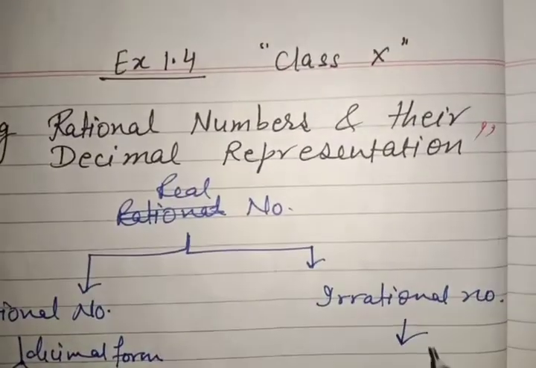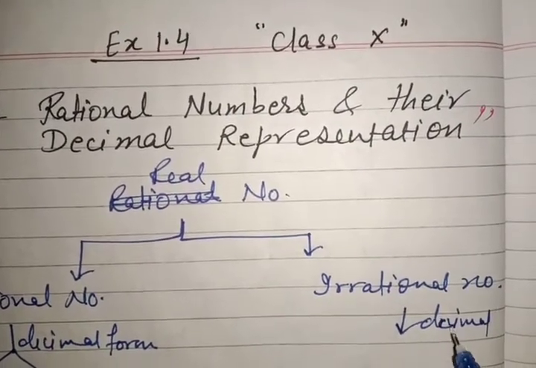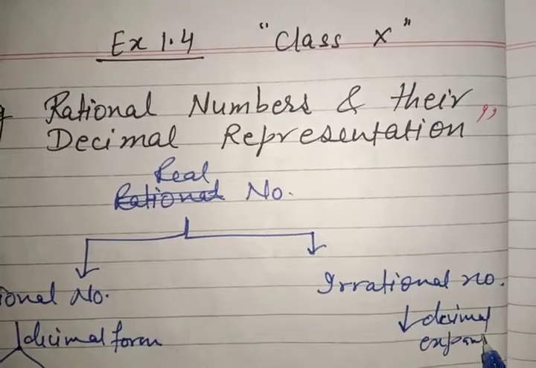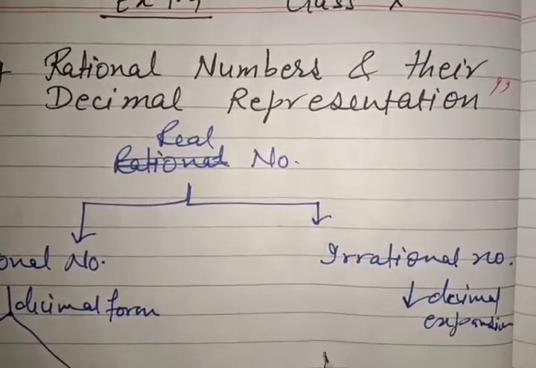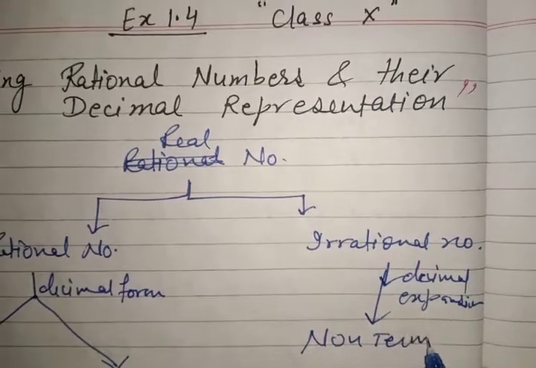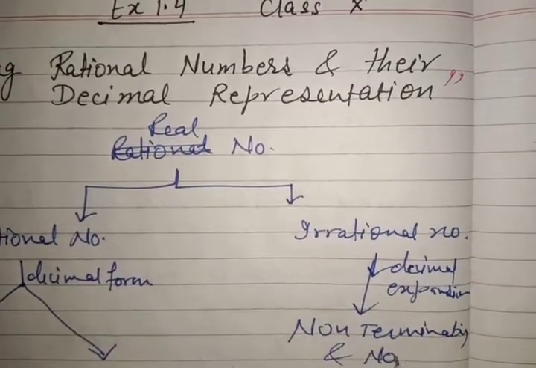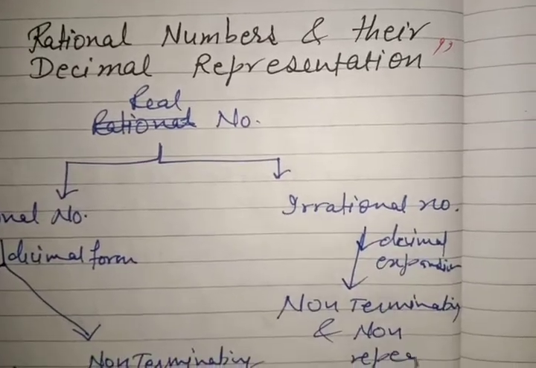And the decimal expansion of irrational numbers is non-terminating and non-repeating.